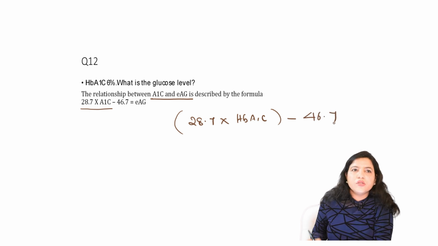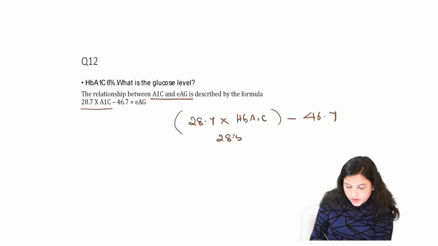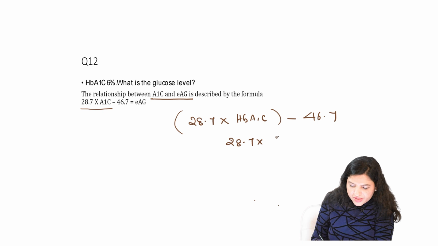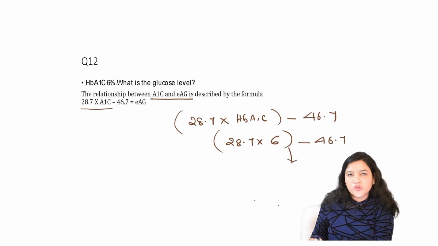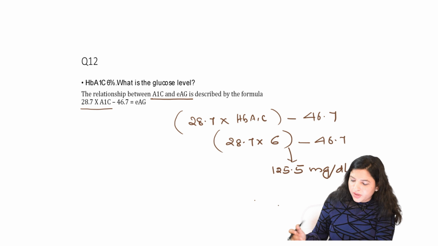In this option we can see the HbA1c given is 6%. So we have to multiply 28.7 into 6 minus 46.7. If you solve this, you will get the answer as 125.5, and this value is in milligram per deciliter.